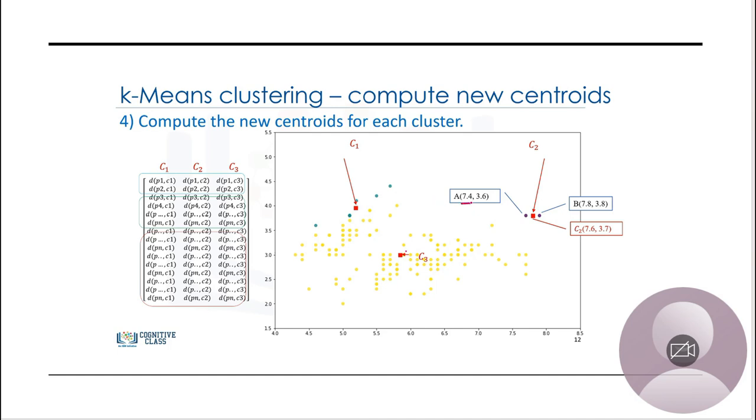You take this value, add it to this value, and divide by 2. Take this value, add it to this value, and divide by 2. And once you do that, you get 7.6, 3.7. This is the new location of the centroid, and we do the same for the other ones.